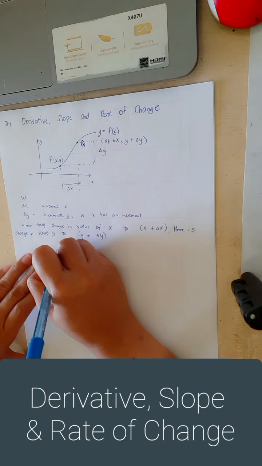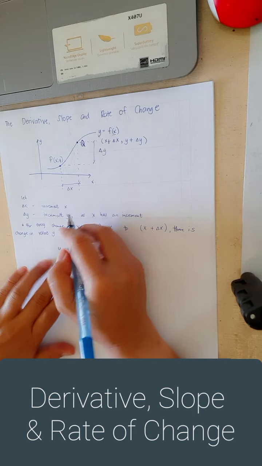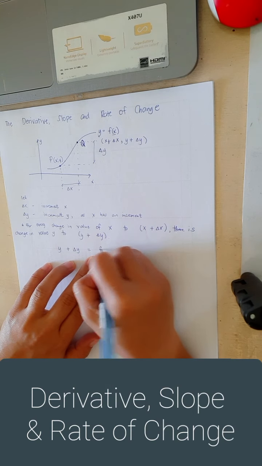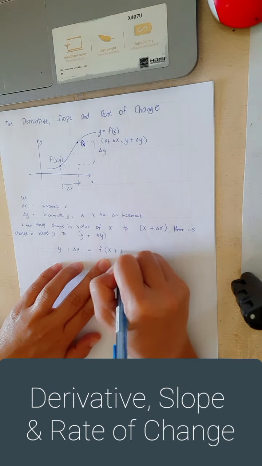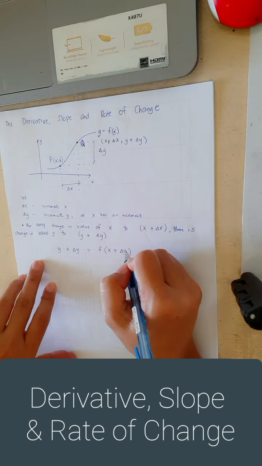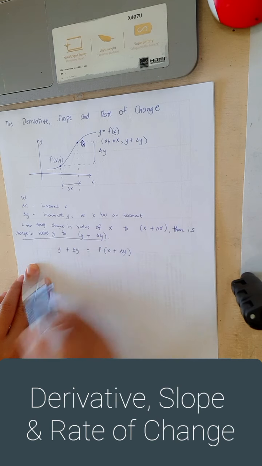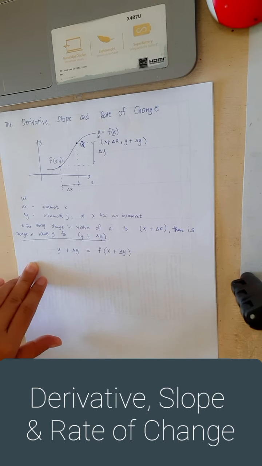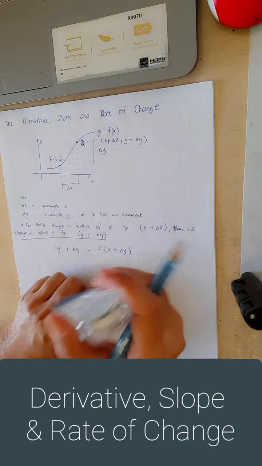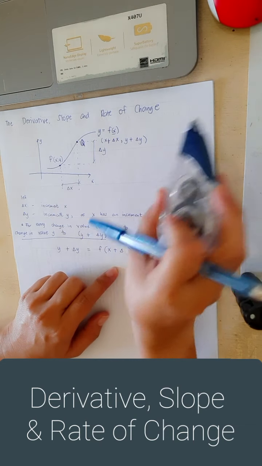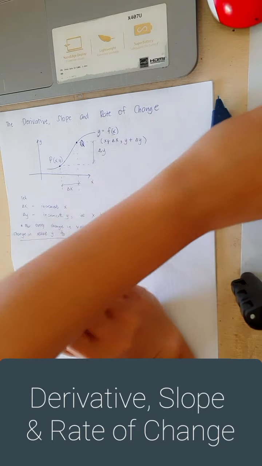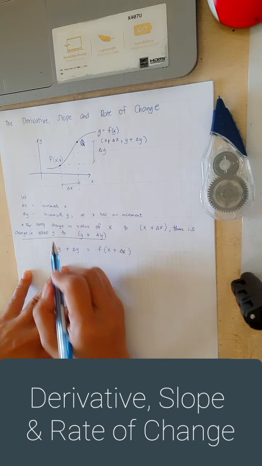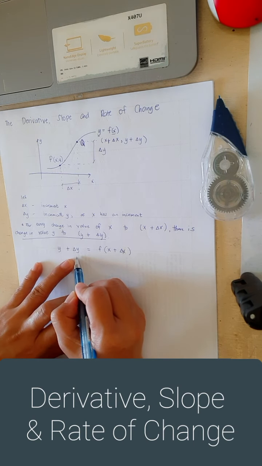So if we are going to express that function, this will become y plus delta y is equivalent to f of x plus delta x, because of this statement that for every change in x, okay, so this is delta x, wherever there is a change in value of x to x plus delta x, there will be a change in y to y plus delta y.